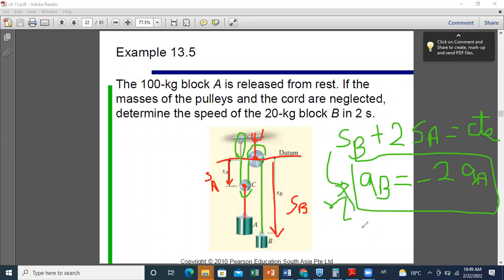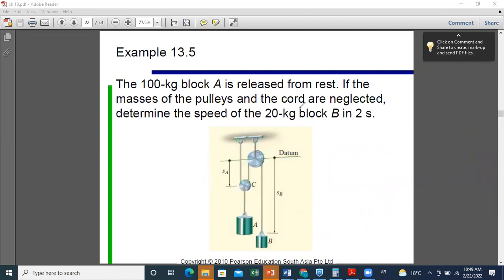Okay, now the Newton law here is very simple because I just have for each block just tension and weight. So if I take block B, I just have weight of B down and tension of B up. And please, please do not have any confusion. How is your coordinate system?